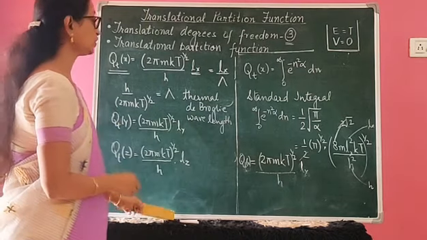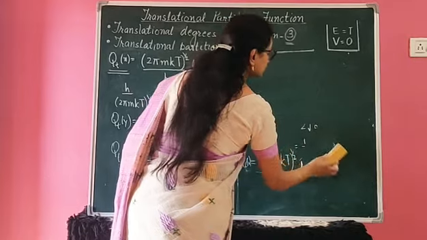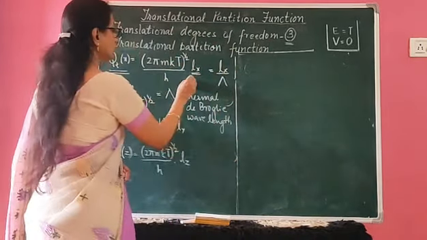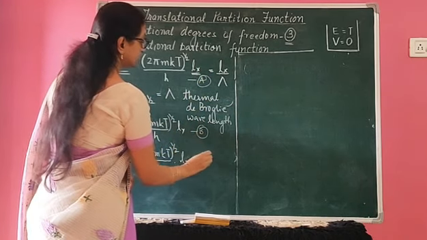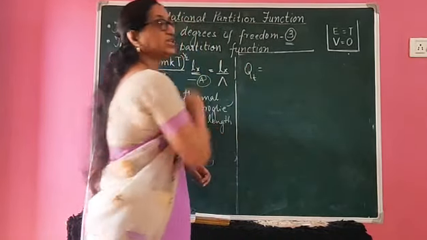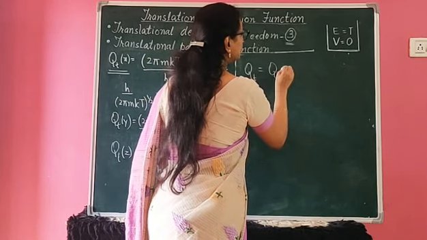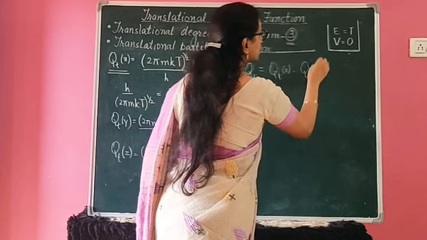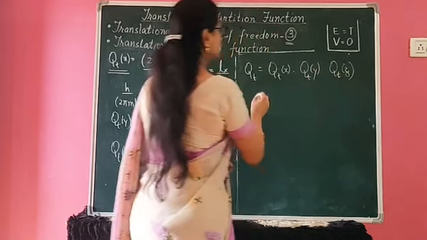And according to equation number 1, we have seen that the total partition function for translational energy will be, let these be equations A, B and C. So the total partition function Qt is equal to product of qt along x direction into qt along y direction into qt along z direction.